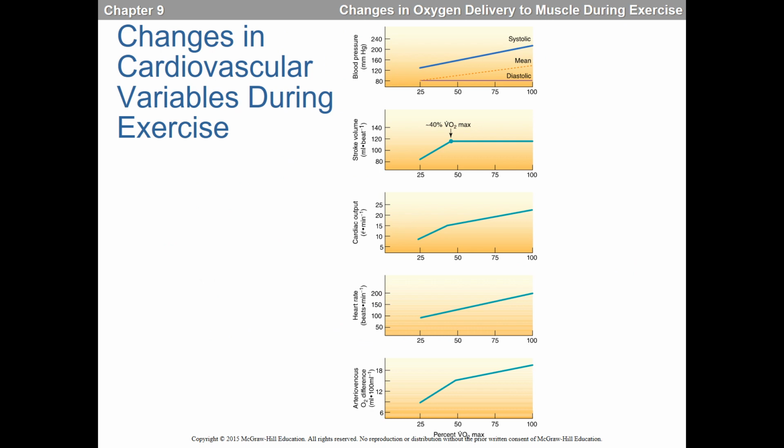Now here are some different cardiovascular variables that I want us to know what the relationship is. So in regard to blood pressure, systolic blood pressure increases linearly with exercise intensity. So bear in mind percent VO2 max down here. Systolic blood pressure, and look in your book for this, will go up linearly with exercise.